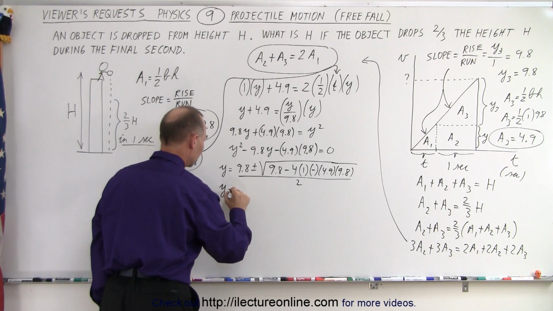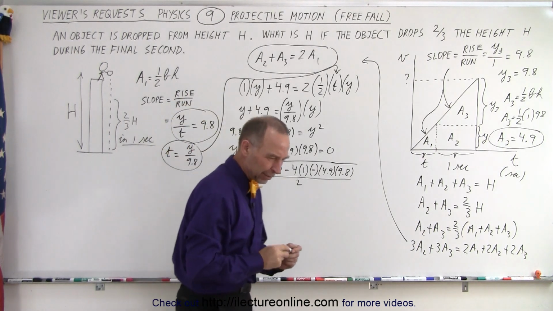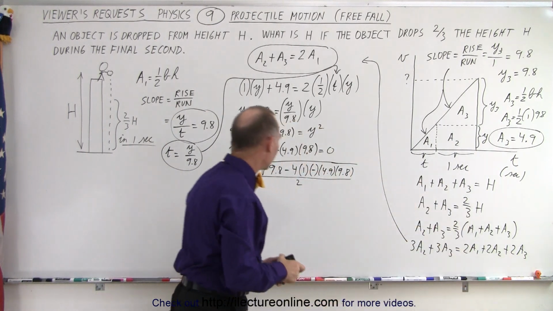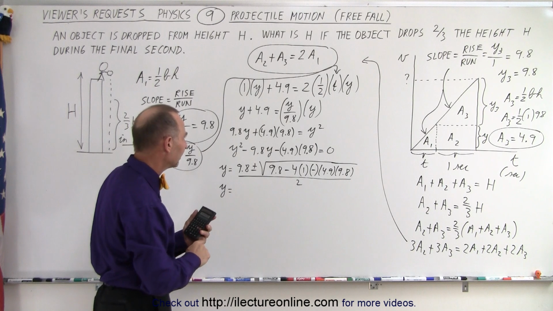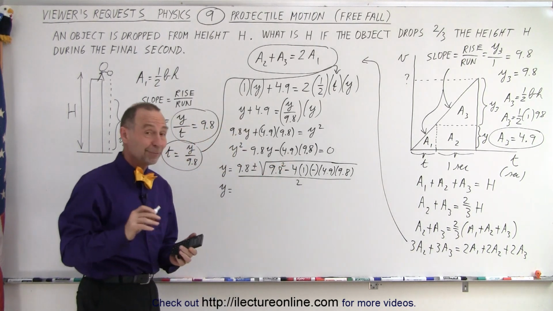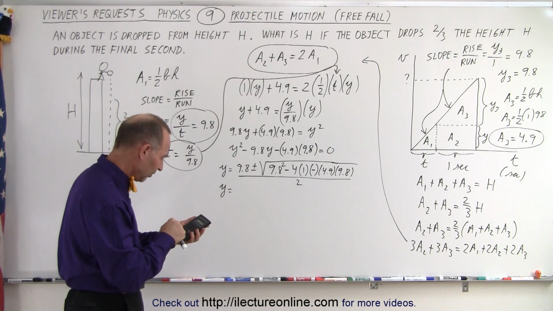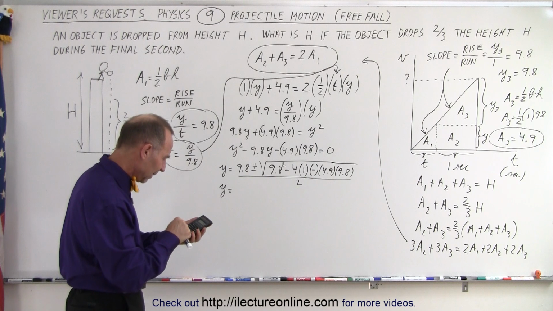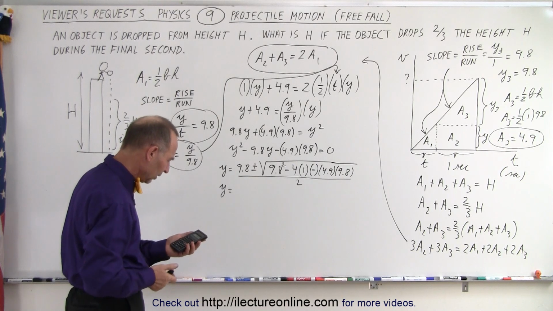So now y is equal to, the negative is probably not going to be part of it because that number will be bigger than that value right there. I made a mistake here. This, of course, should be squared. It's b squared there. Okay, so we have 4 times 4.9 times 9.8, and add that to 9.8 squared equals 288.